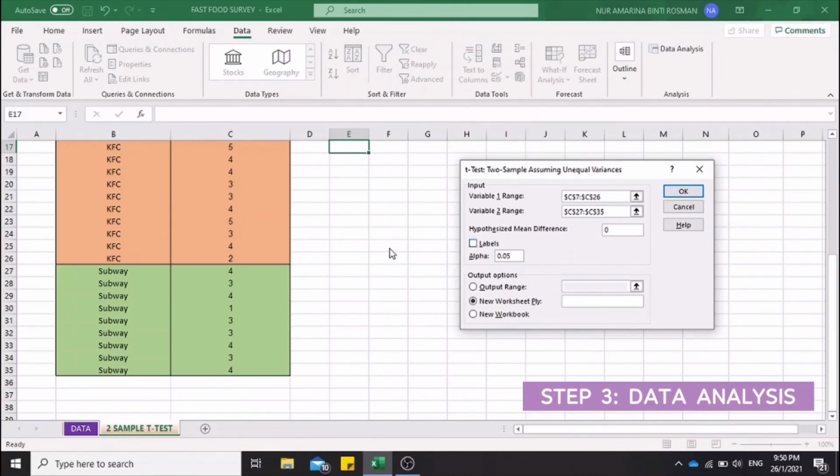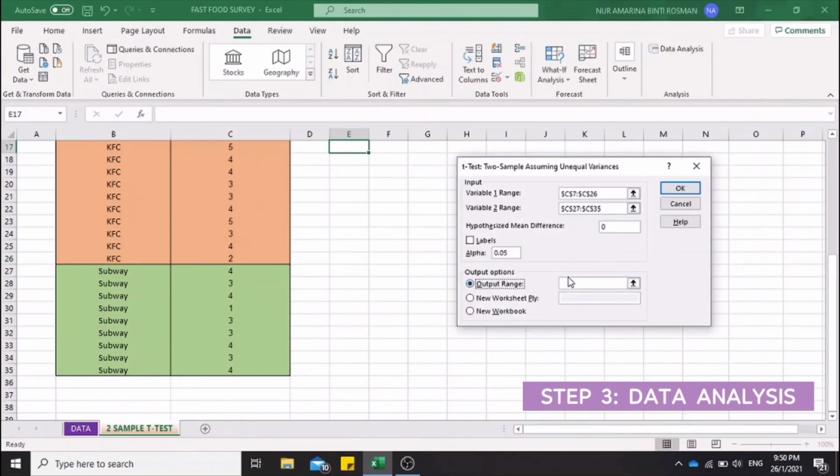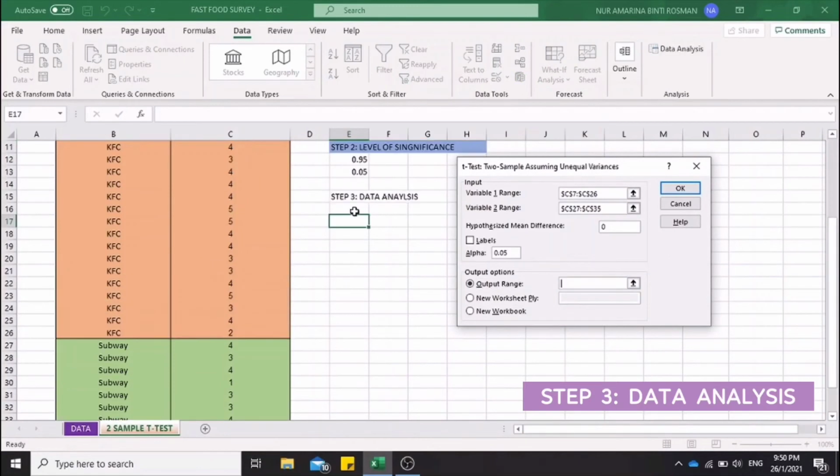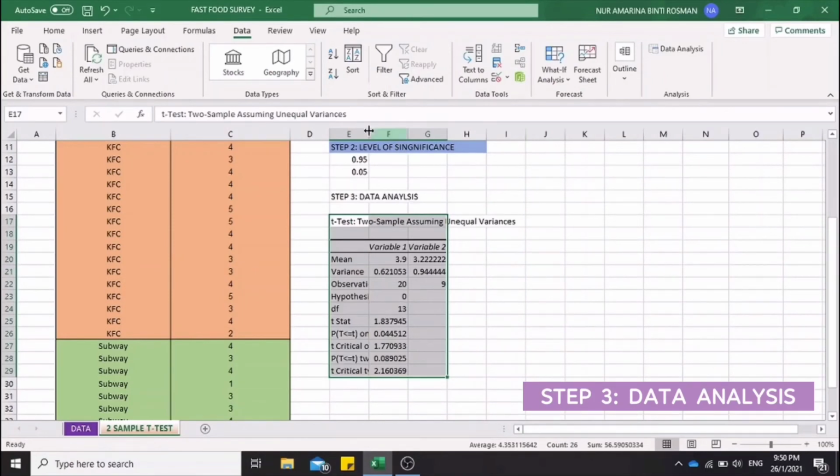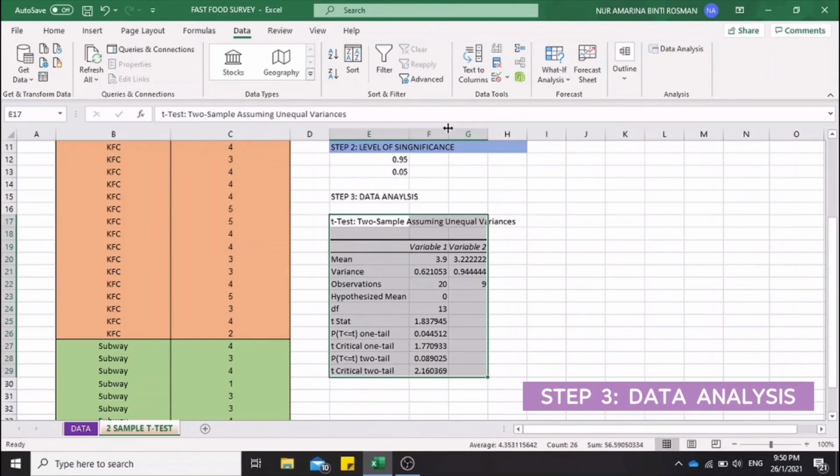There are no labels because I didn't highlight the labels, so you don't have to tick this. If you highlight the labels, you have to tick this label. Output range, I want the data to be here, and you have to click OK.